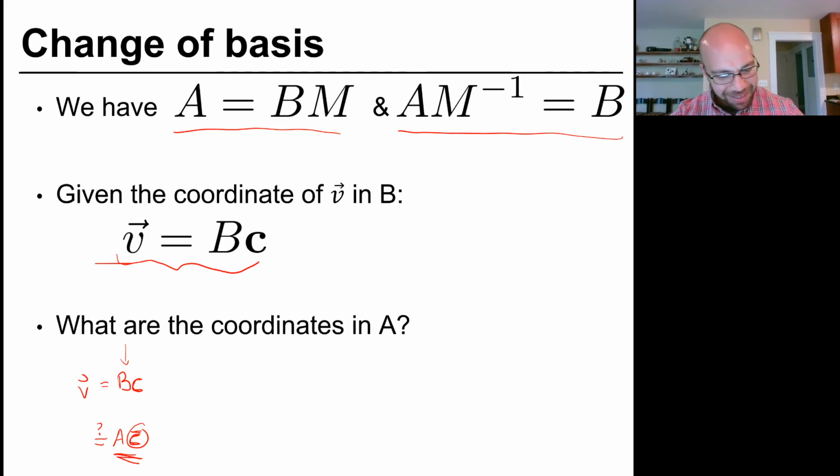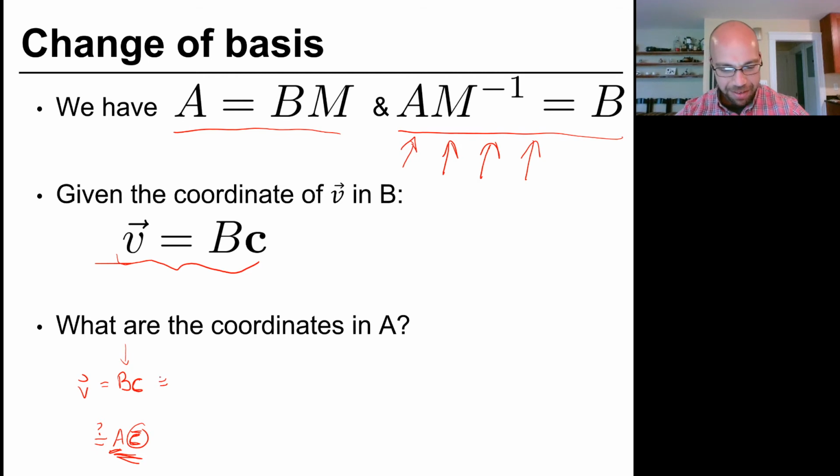And what I should have done, my apologies, is remember that I have this expression at the top of the slide. Amusingly, I now remember I make the same mistake every year I teach this course, and on video that's no different. So this expression at the top of the slide does make sense because M is a matrix of numbers, so I can invert it. And I know that I want A on the left-hand side.